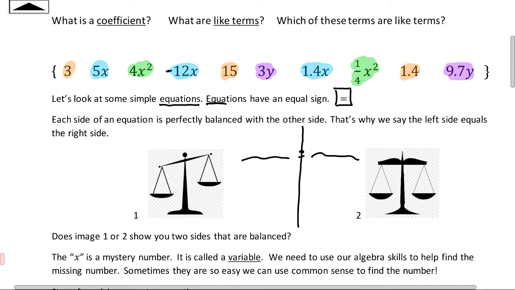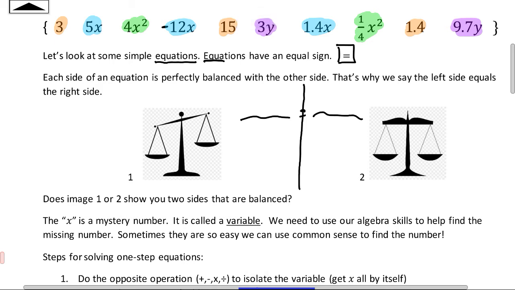Okay, so what do you think? Looking at these two images here, which one has two sides that are balanced? Well, obviously not this side. Would you think this one has more or less than this?